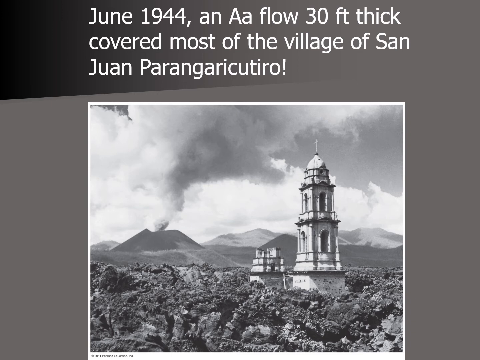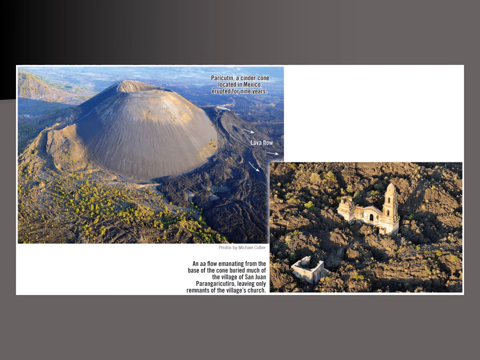And really the only thing from the church that isn't covered by the lava flow is the top spires. It covered most of this particular village, and those people had to just move away and start over somewhere new. So there's an image of Paracutin on the left, and there's an image of that nearly buried church in that village nearby.